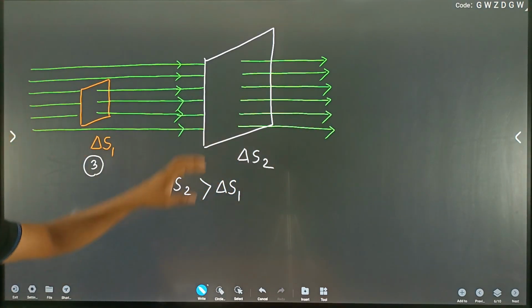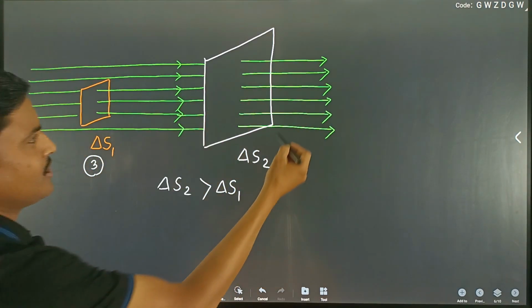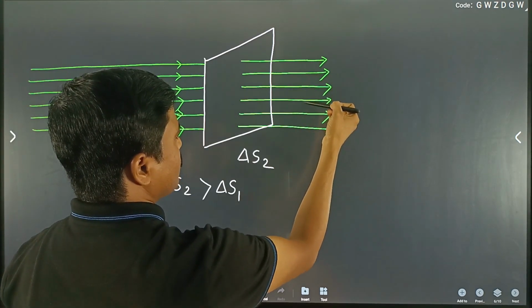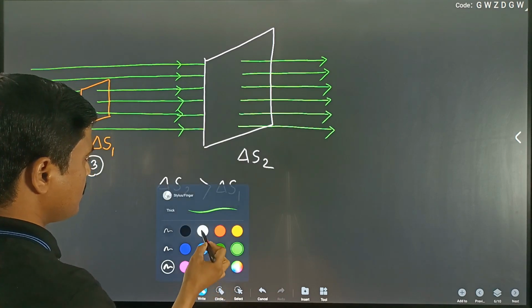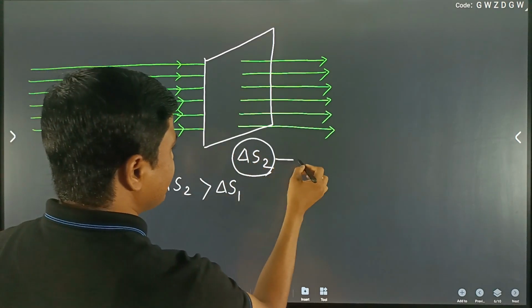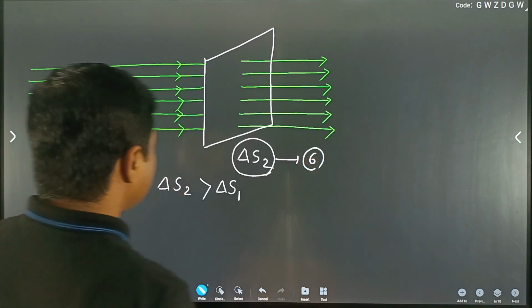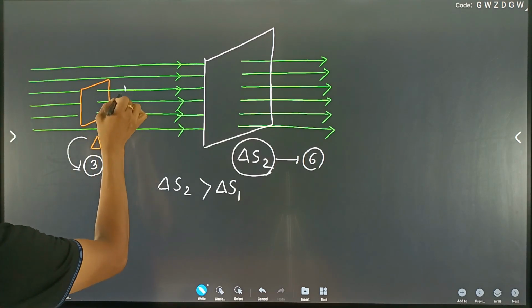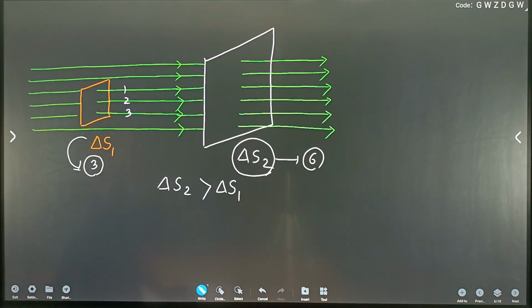Then in the second case, total number of field lines crossing is equal to 1, 2, 3, 4, 5, 6. Your total number of field lines crossing through this small area element is equal to 6. In the first case, total number of field lines crossing is equal to 1, 2, 3. Clear?